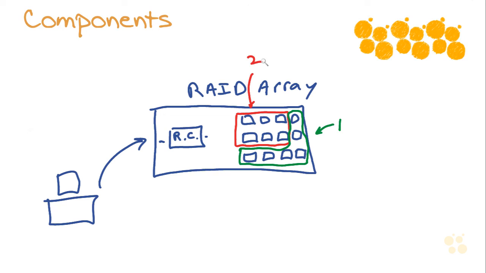Now, one of the things that we love to do with RAID, in a RAID array situation like this especially, is we like to add some additional disks. So here I've added 3 more disks, and notice these are not part of a particular RAID set or group, and we can use these as what we call hot spares.